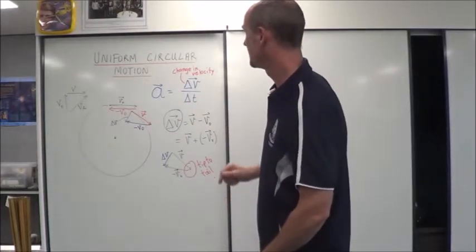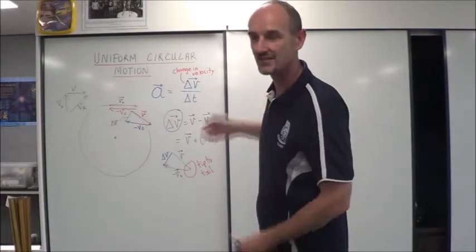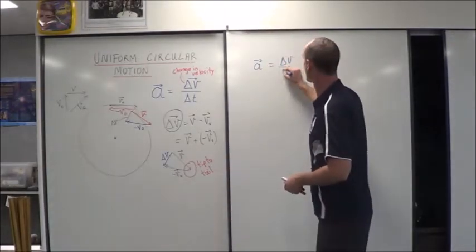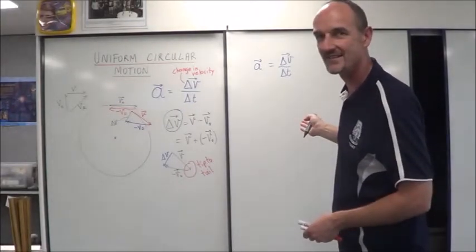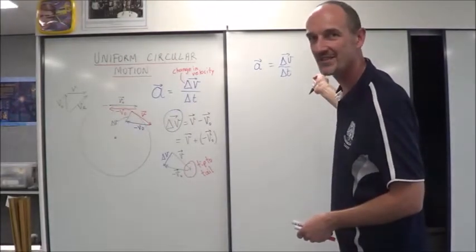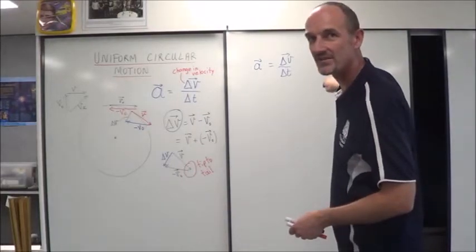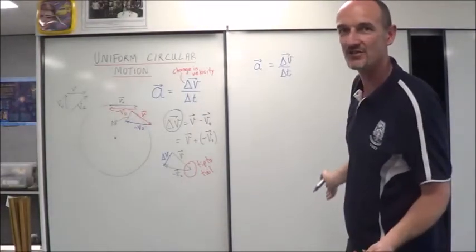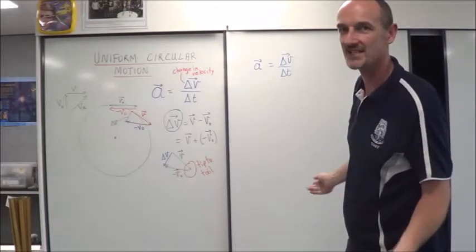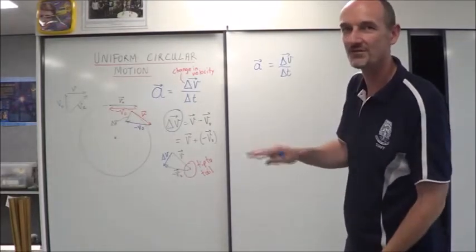Okay? So, let's look at the acceleration. Now, the acceleration vector is equal to the change in velocity vector divided by the time. However, we know that time doesn't have any vector nature, doesn't have a direction, it can only go forwards, right?